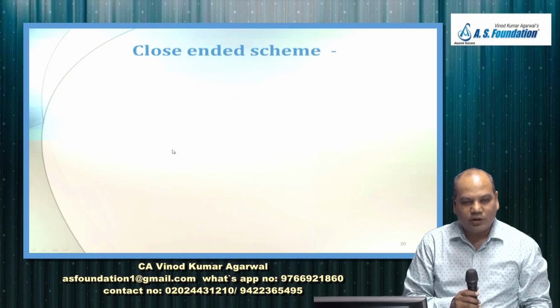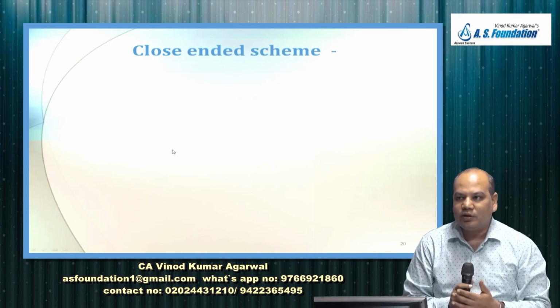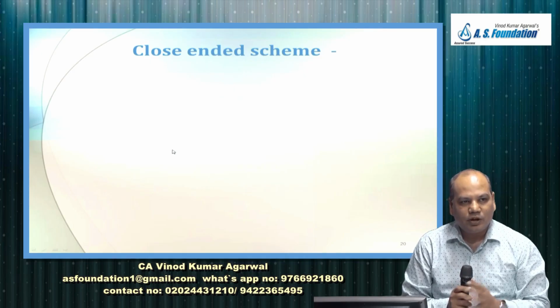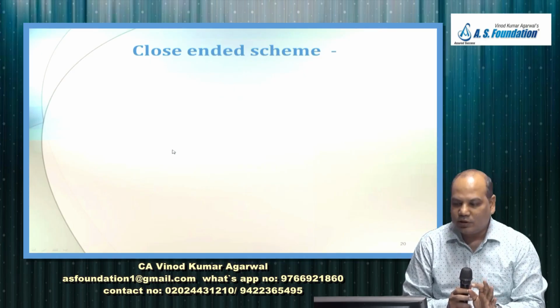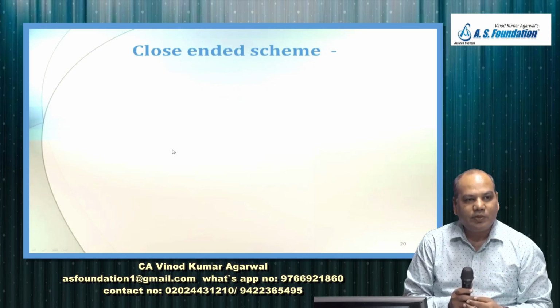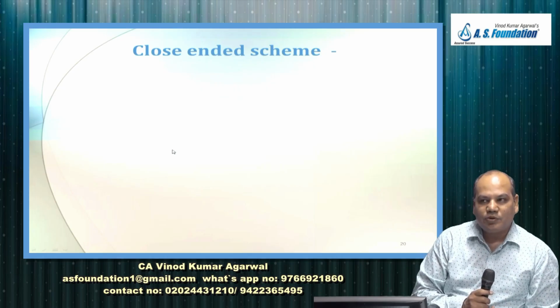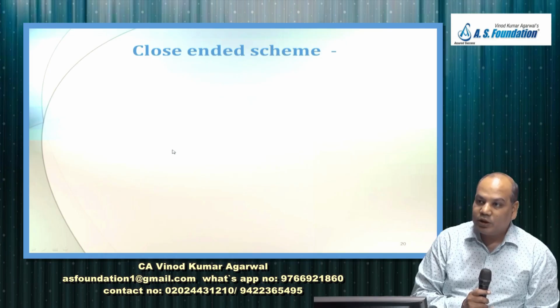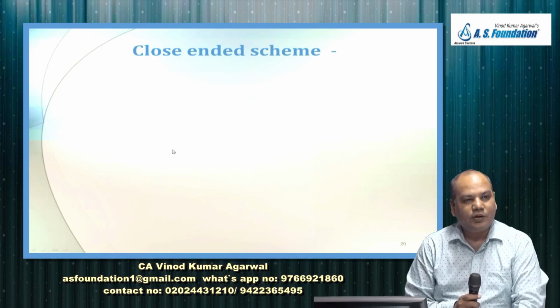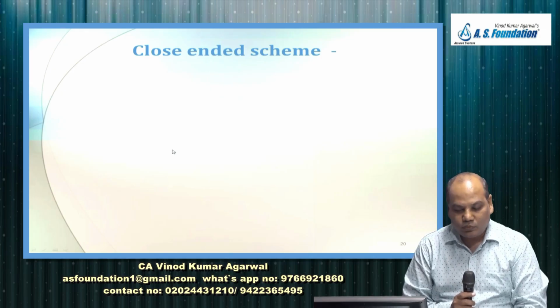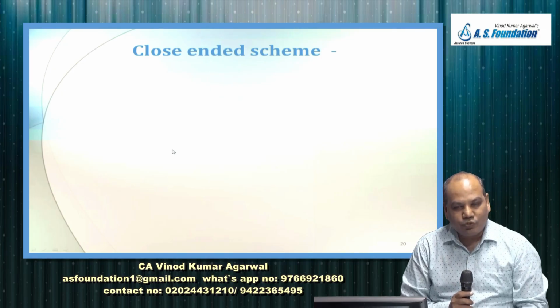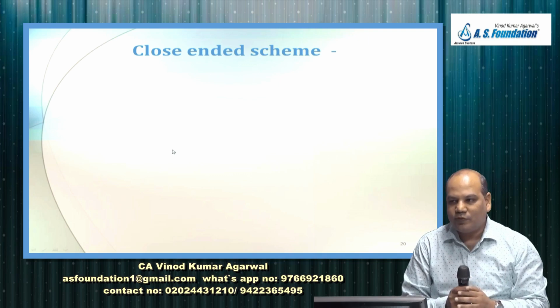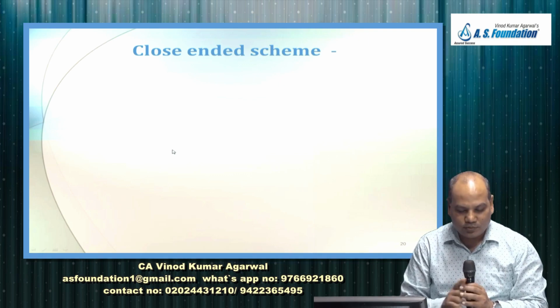That means the scheme is continuously available for buying and selling. In India more than 80% of the mutual fund schemes belong to open-ended category. It may be around 85 to 90% of the schemes. You have to buy from the same mutual fund, you have to sell it to the same mutual fund.